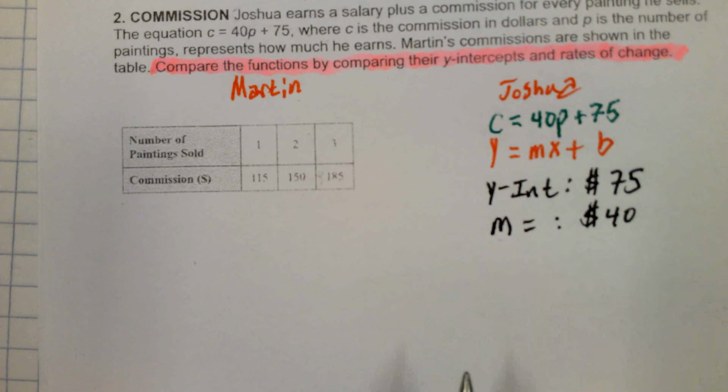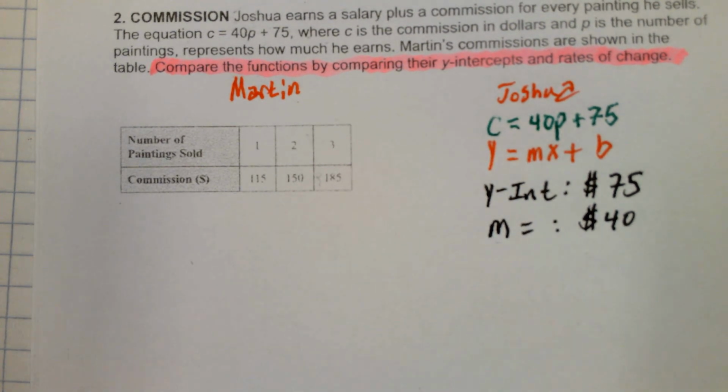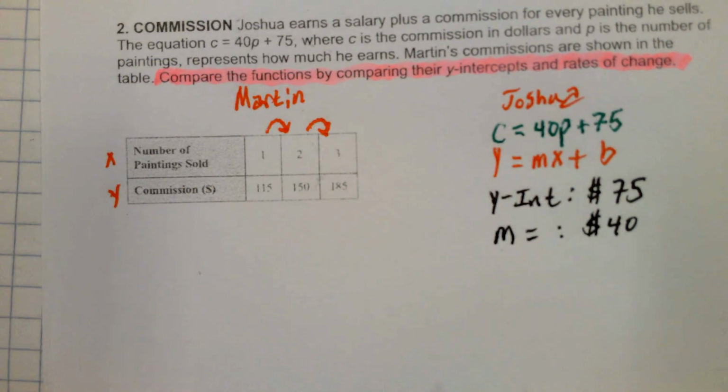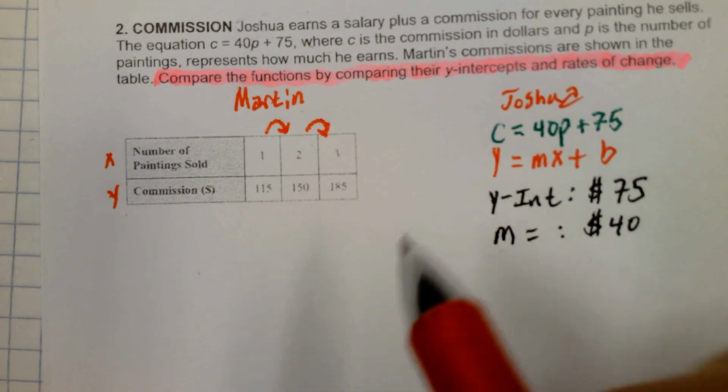Okay, so let's take a look at Martin, see if we can find the slope and the y-intercept. Slope is not too difficult. Let's just figure out the rate of change. How much are we increasing for the number of paintings? We're increasing by what rate? 1.